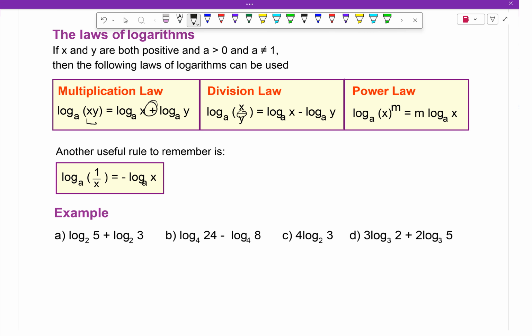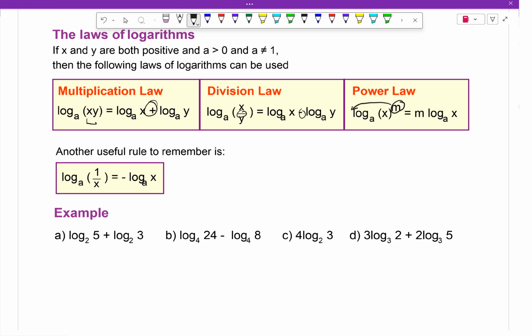If it is divide, it's minus. And this is a new one. We can see from here that our m is just going to come down here, and that's what we call the power law. So we have to use these laws to solve those questions.